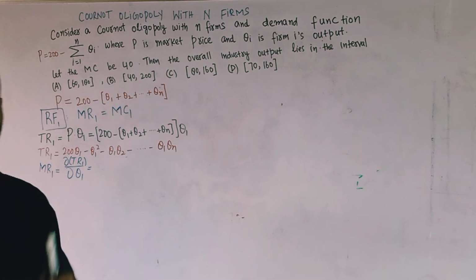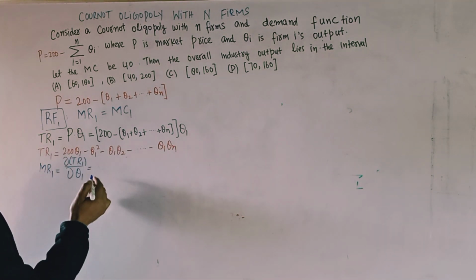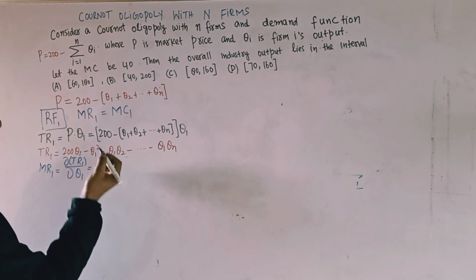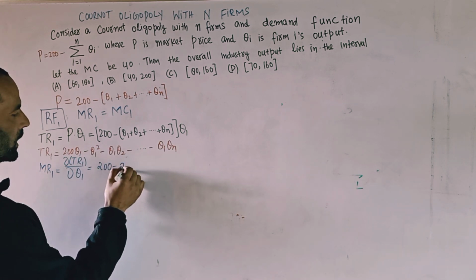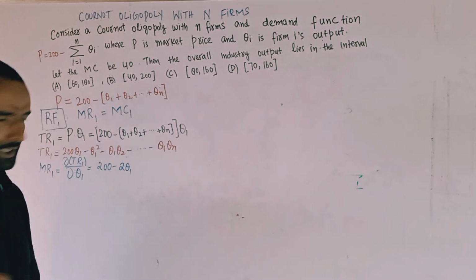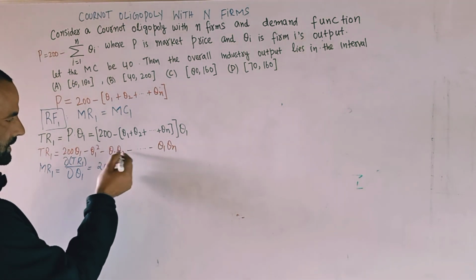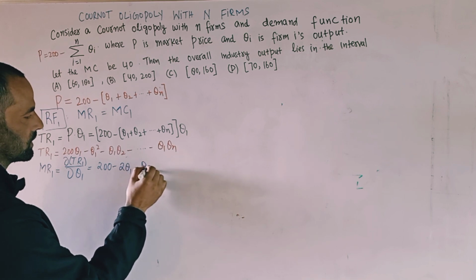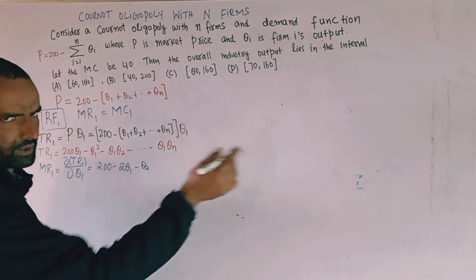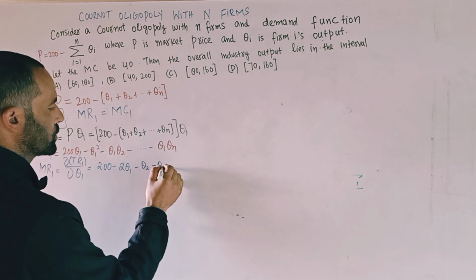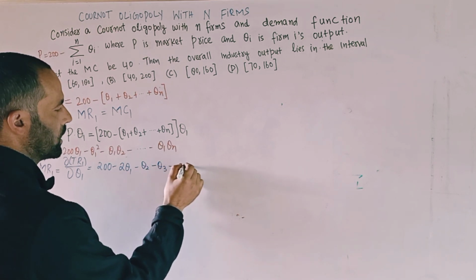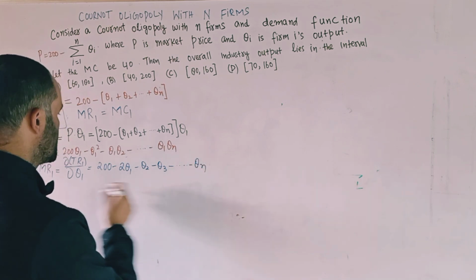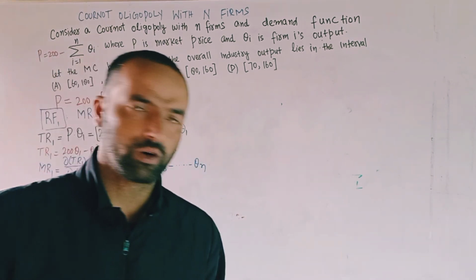Taking the partial of this function: the derivative of 200 Q1 is 200, minus the derivative of Q1 squared, which is twice Q1. Now the derivative of Q1 in the second term is 1, so we are left with minus Q2, then minus Q3, so on up to minus Qn. This is the marginal revenue function of firm 1.